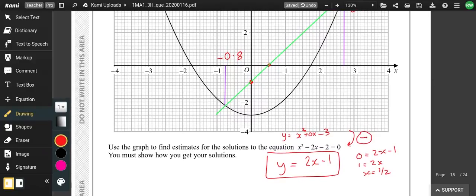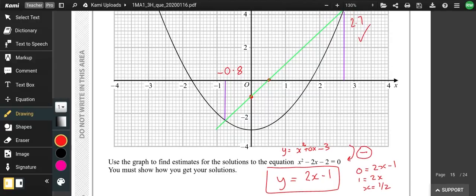What most students don't realize is that you can actually solve that equation on your calculator. x squared minus 2x minus 2, and it gives us 2.73. So 2.73, that one's pretty good, and the other one is 1 minus root 3, minus 0.73.